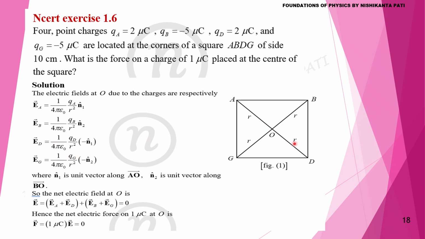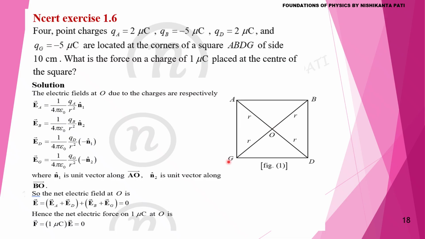ED vector, the electric field at O due to QD, is 1 by 4 pi epsilon 0, QD by R square. We need now the unit vector along DO vector. Since the unit vector along AO vector is n1 cap, the unit vector along DO vector is minus n1 cap.